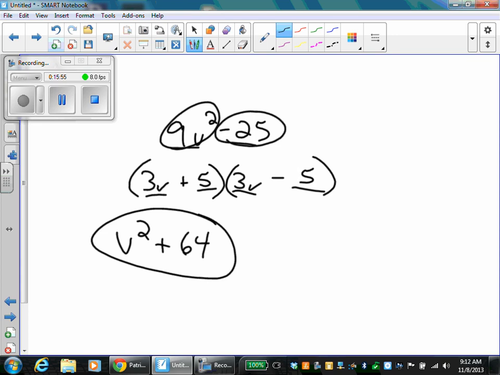Would 2 positives cancel out? No, it won't work. And would 2 negatives cancel out? No, it won't work. In order for it to cancel out, it's got to be a difference of 2 squares. So what do we say about ones like these? They're not factorable. So don't forget about those. Do y'all remember those? Okay, they are not factorable.